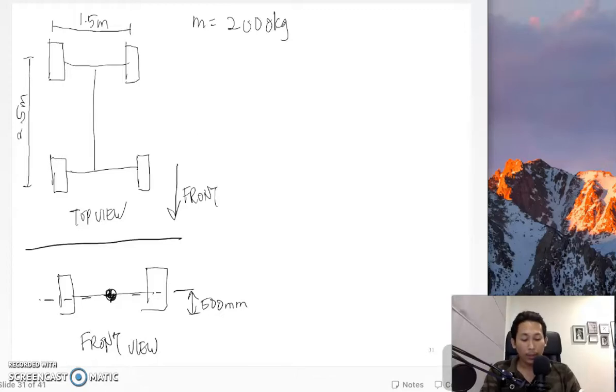So we are looking from the front and top view. The center of gravity lies 1 meter from the front axle.